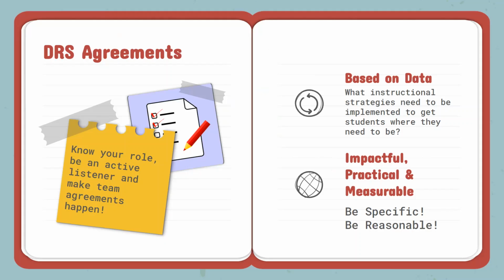You may not want to try to implement too many agreements at once. The agreement should be something that is going to impact student growth, but also be implemented within the next week or so in your classrooms. With that being said, remember to be realistic when making team agreements.